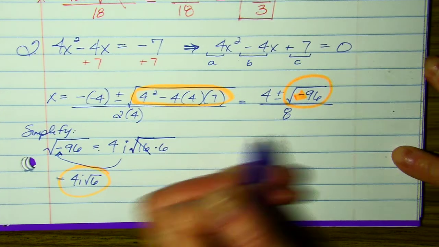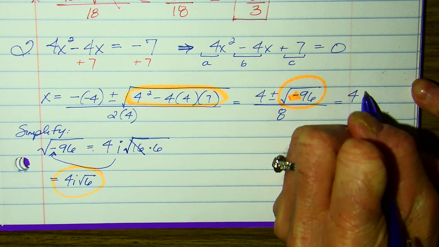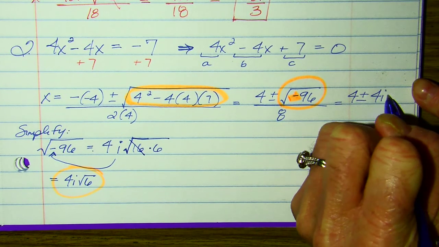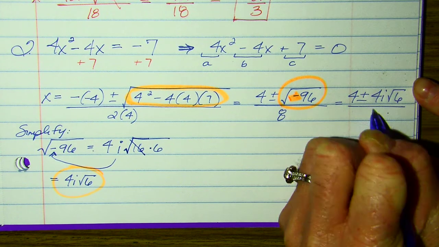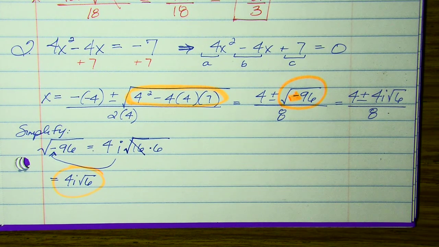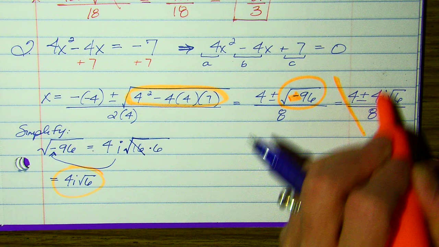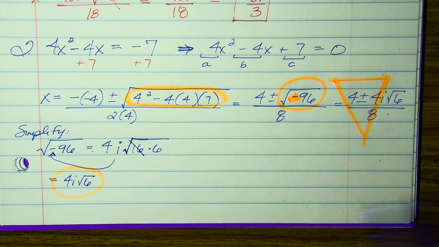So I now have 4 plus or minus 4i root 6 all over 8. And now I can reduce these 3. I call it the triangle effect. You can reduce things in 3s because there are 3 parts to your quadratic.